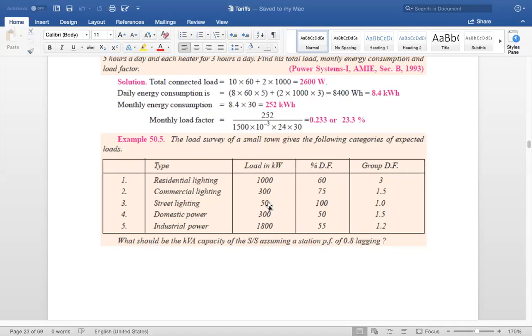Street lighting 50, percentage DF 100, and group DF 1. Domestic power, 300 kilowatt, 50% and 1.5. Industrial power, 1,800, 55% and 1.2. What should be the kVA capacity of the substation, assuming a station power factor of 0.8 lagging?